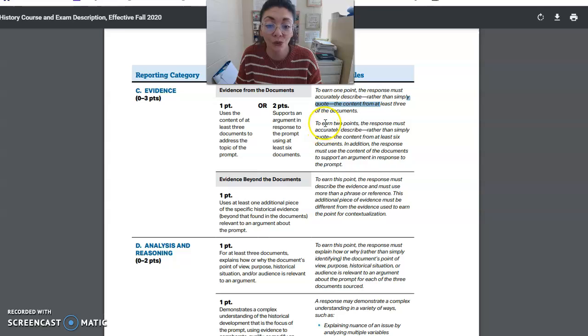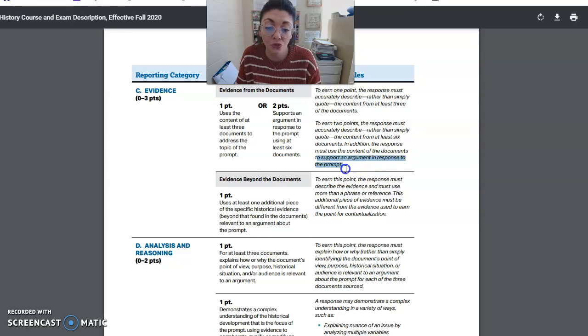But in order to get both points, you have to accurately describe 6 of the documents. You cannot quote. You're going to describe the context for 6 documents. In addition, the response must use the content of the documents to support that argument.